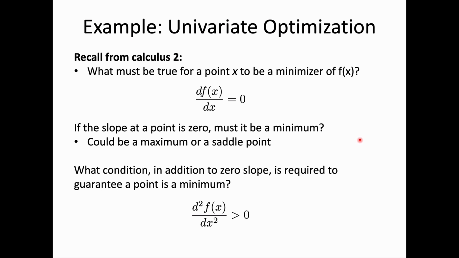So we need the second derivative information, the second order information or curvature information to make an assertion about the nature of this point that has a 0 slope.